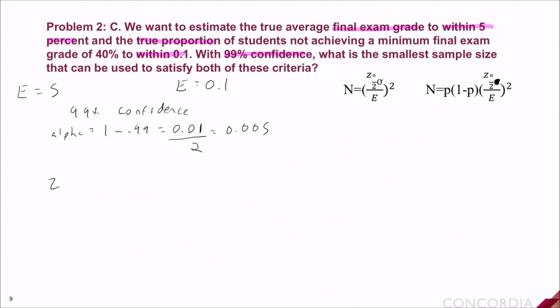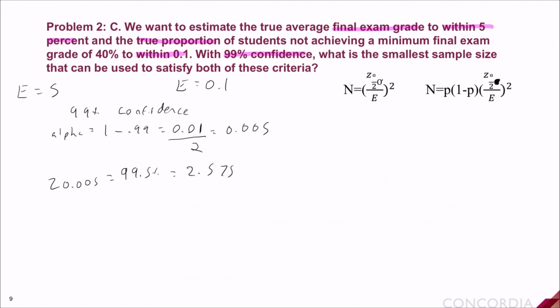And we have to find a z-score equivalent to an alpha of 0.005, which would be the same thing as looking up a z-score value equivalent to 99.5%, which gives us a z-score of 2.575.